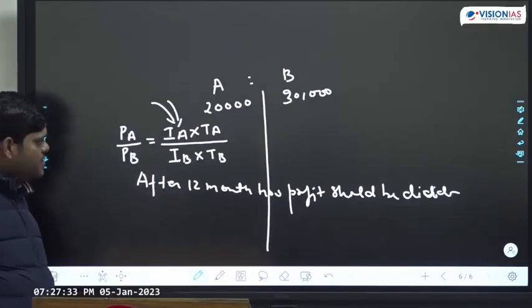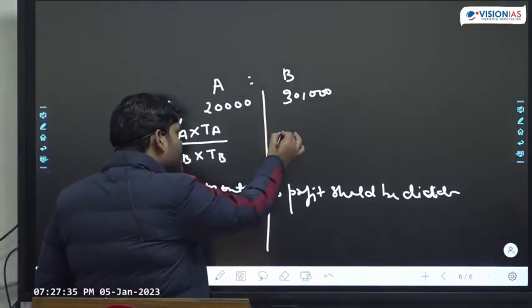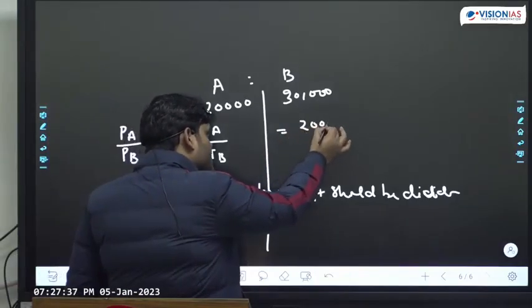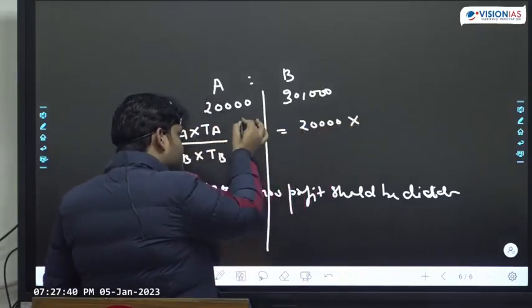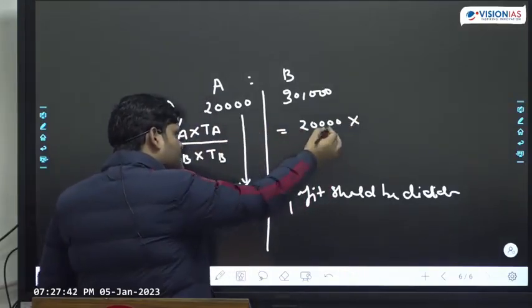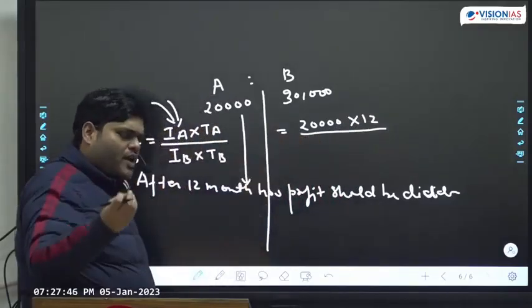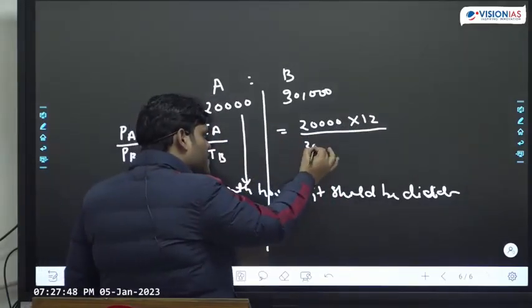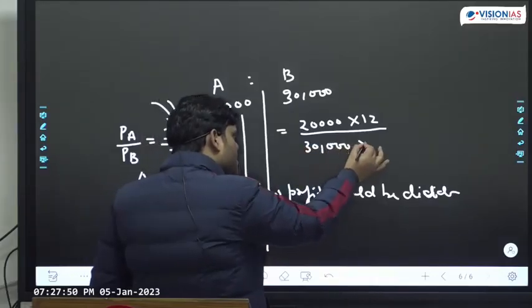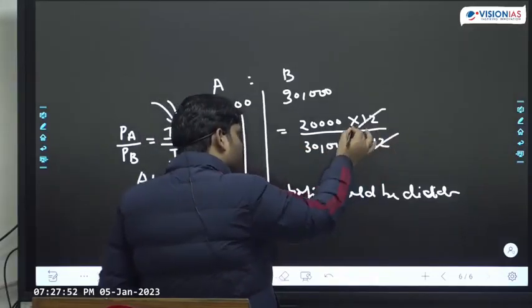ठीक है ना? For example, in this case, investment of A was 20,000, and since money was there for 12 months, if nothing is given, we will take money for the 12 months. Investment of B was 30,000 and it was also there for 12 months.